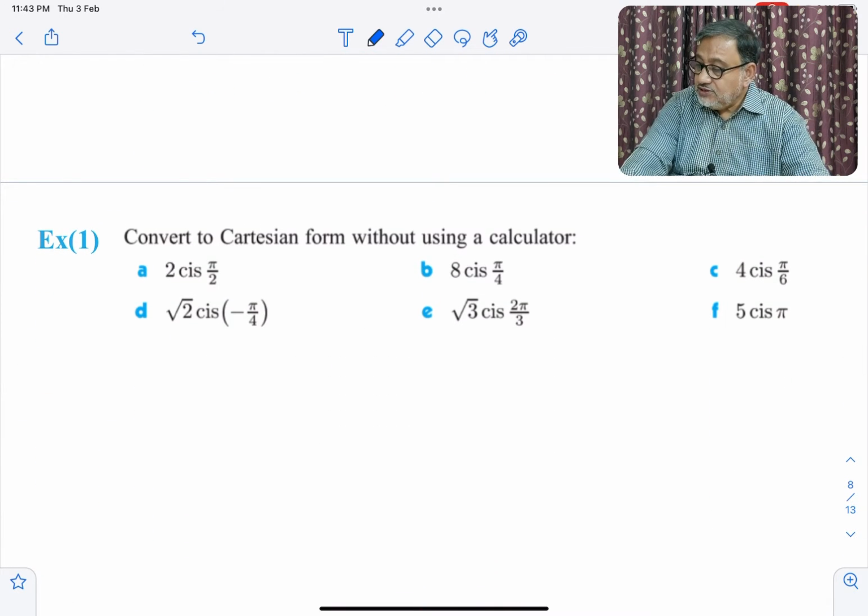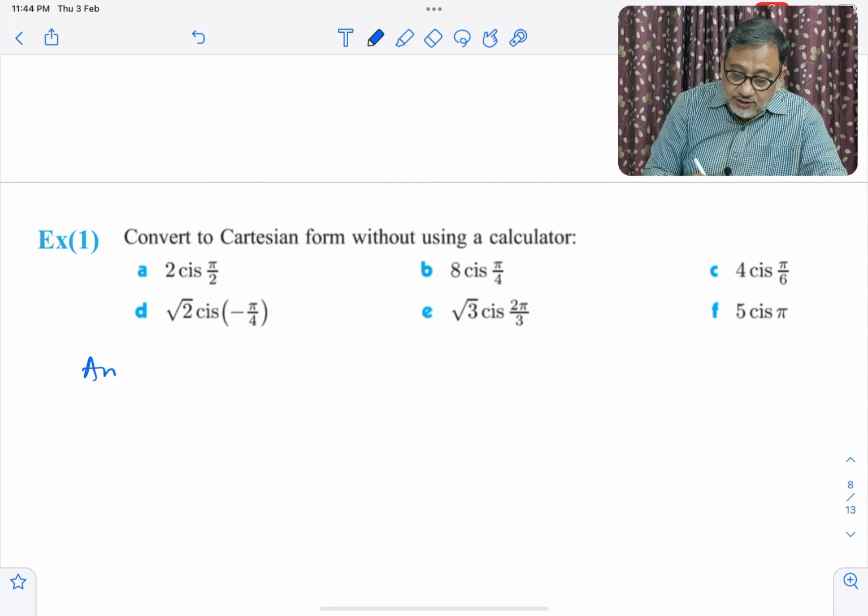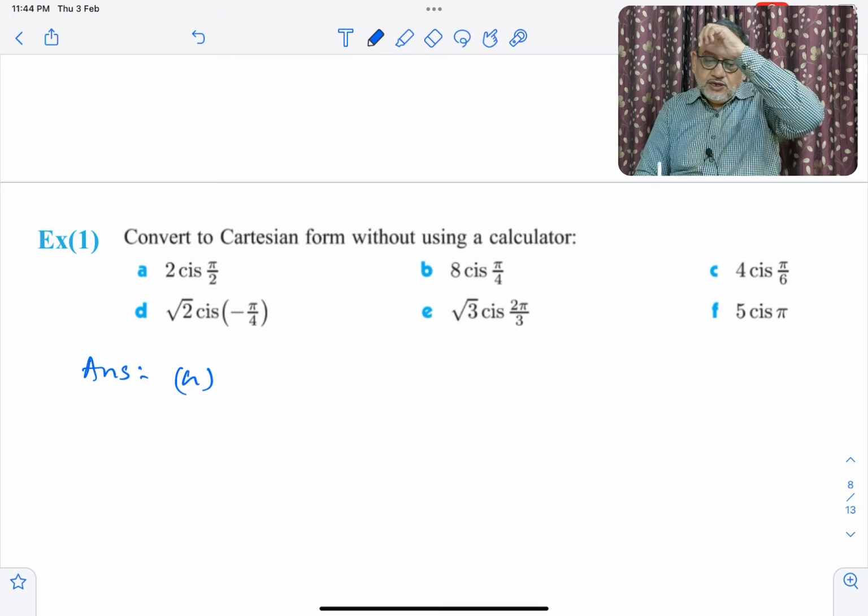Now exercise example 1 we are going to solve. Look here, in the answer I will write the first one, be careful about it. Convert to the Cartesian form without using a calculator.